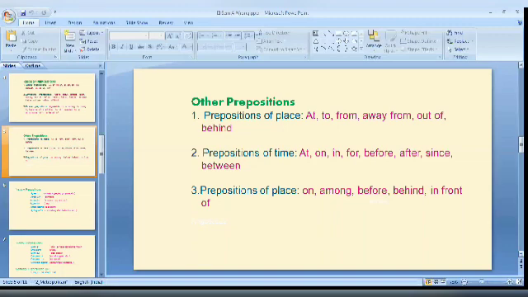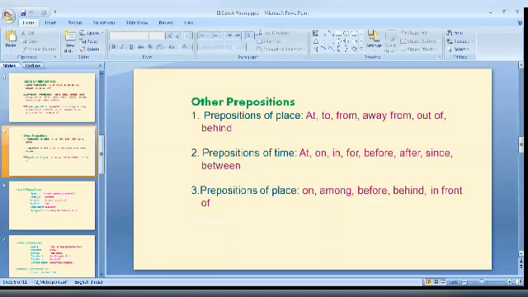Prepositions of place means these prepositions talk about the place where things are happening. For example, at. Generally, we use this preposition at to indicate a place, a town, sometimes a state, sometimes a country. For example, we can say that my brother lives at Nampally in Hyderabad.